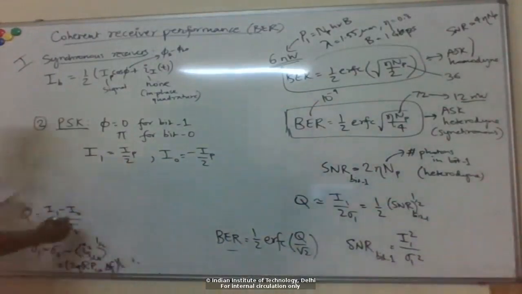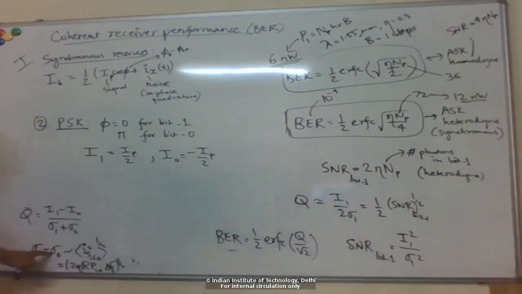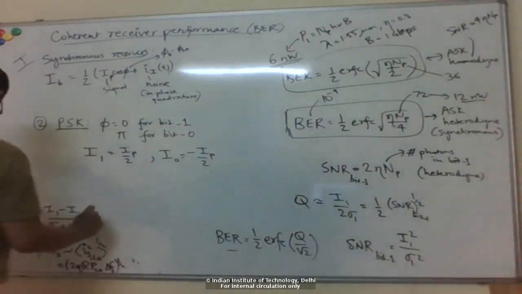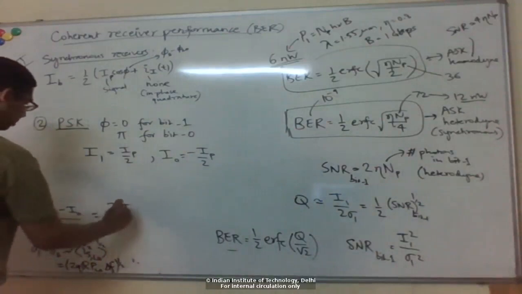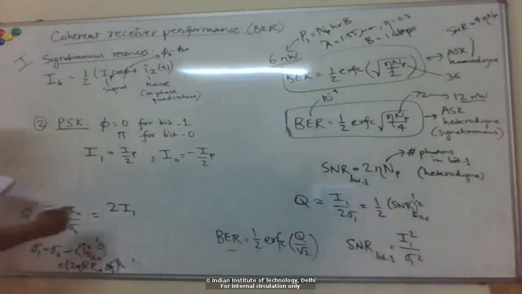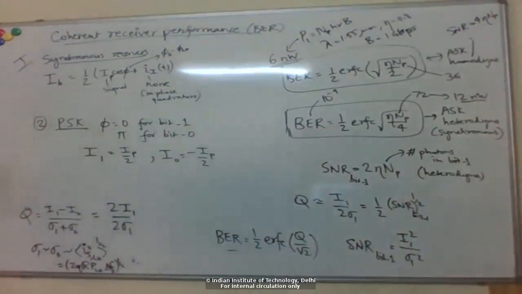Okay, so now again, if you look at this Q factor here, we put I1 and I0 as this here, and again sigma 1 and sigma 0 are just the local shot noise from the local oscillator. So the Q factor for the PSK will become 2 times I1, because I0 is minus I1, divided by 2 times sigma 1, because sigma 1 is equal to sigma 0.